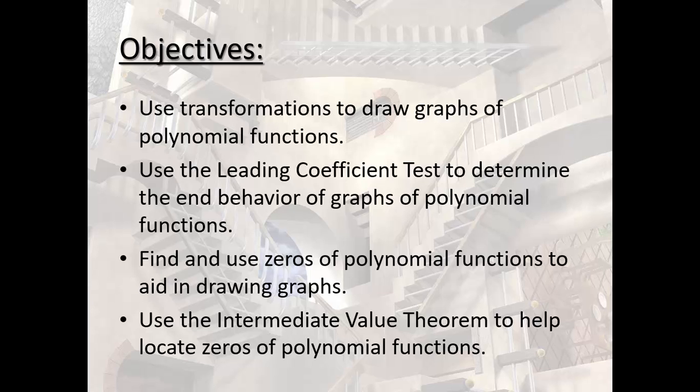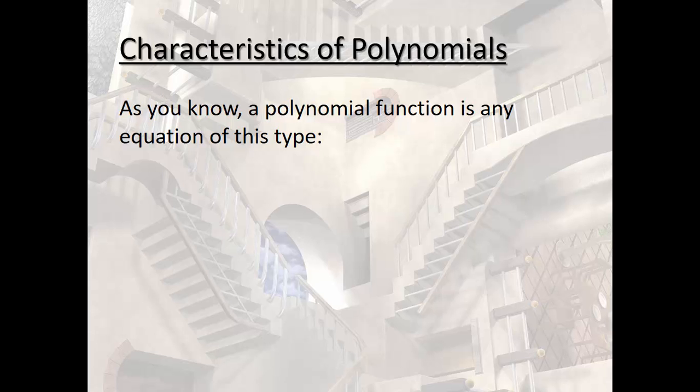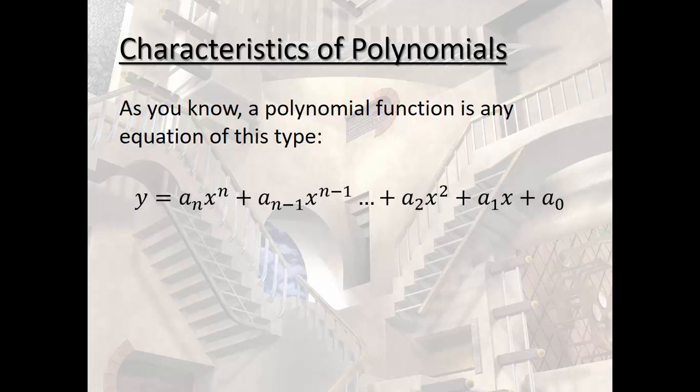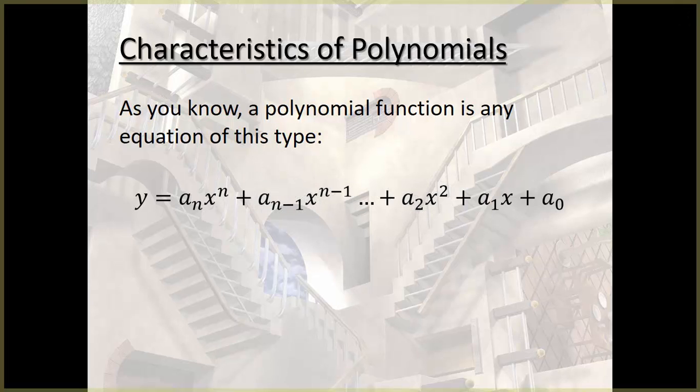What we're going to focus on in this video is the characteristics of polynomials. And as you know, a polynomial function is any equation of this type. We have to write it out in a generic form so that it fits everything. But in essence, all of these a terms are just coefficients.